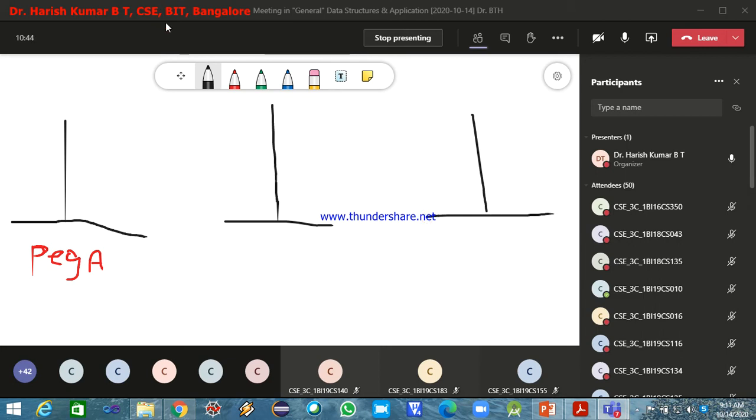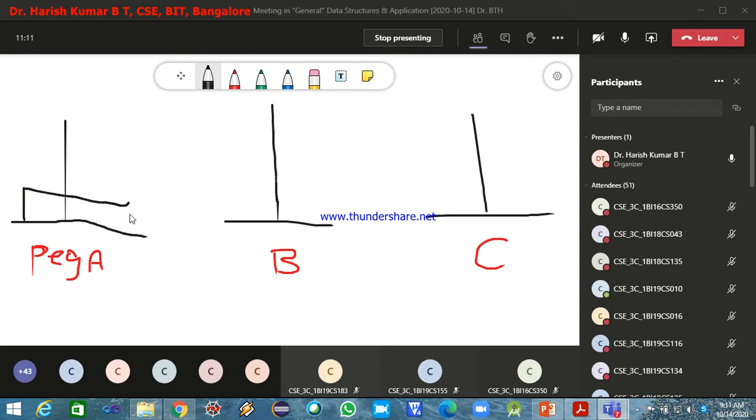This is C. Okay, I'll call this peg as B and this peg as C. Can you people see the whiteboard? Yes. Okay, so now on peg A I have 3 disks.